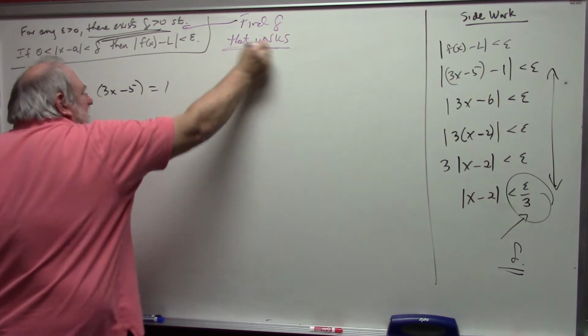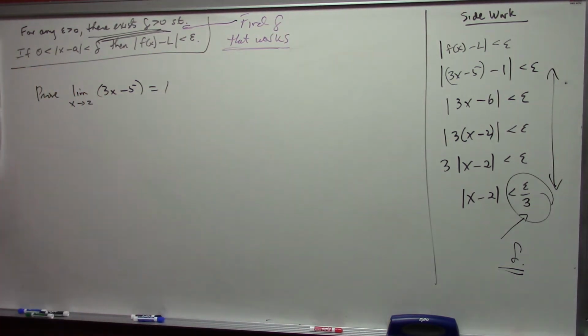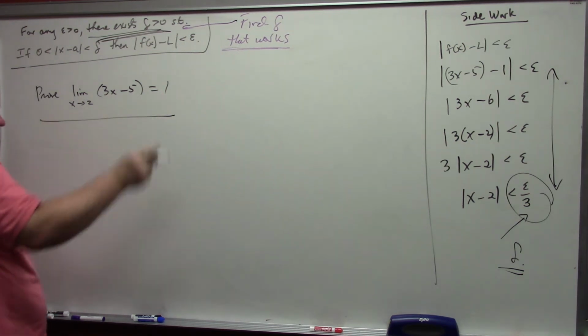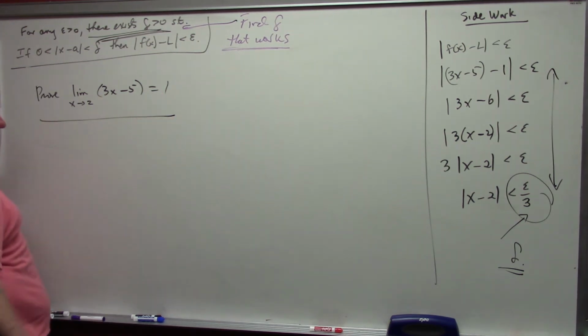And because epsilon is general, delta will also be general, written in terms of epsilon, as we see over there. So now I'm actually ready to do the proof. That is side work. It is working backwards. It's kind of cheating, but it gives us the information that we need.